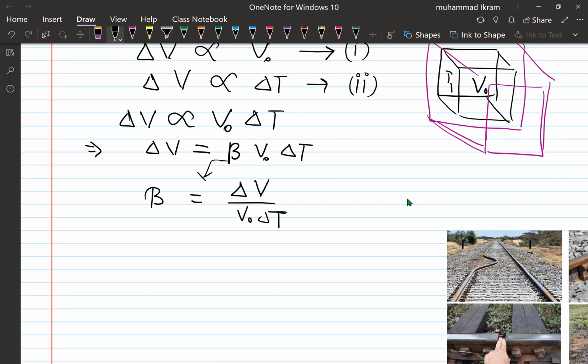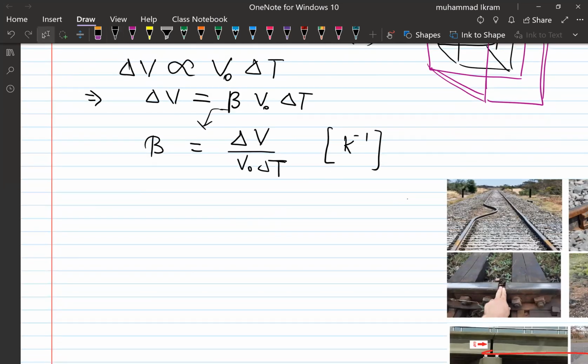And it is measured in the same unit, per Kelvin. That is in per Kelvin, right? Now let's see how we can define this.